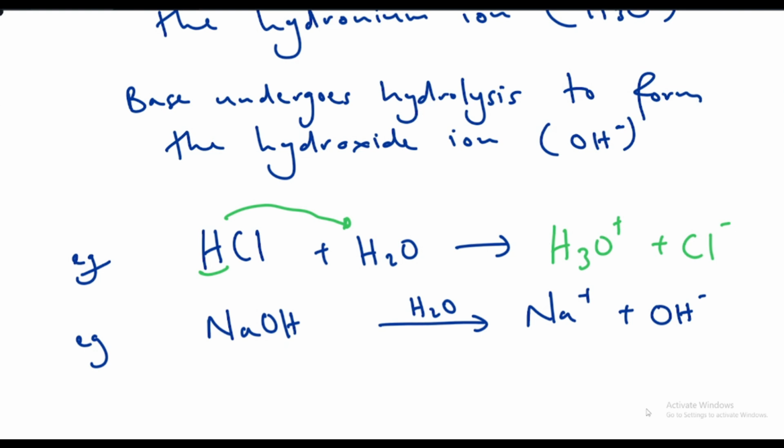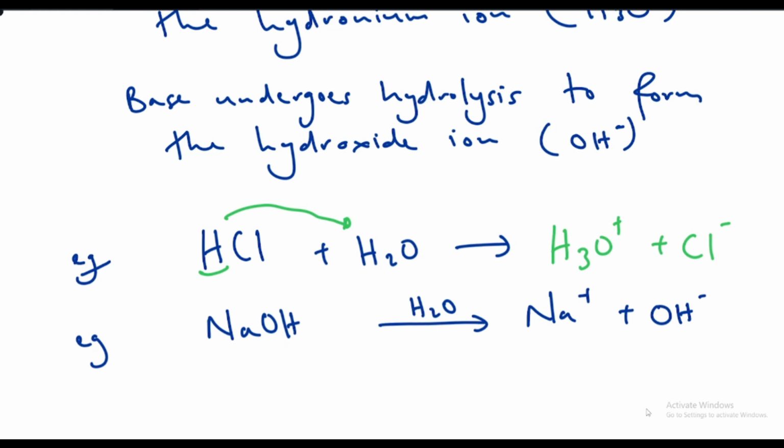Now, why is the H2O placed above the arrow in the case of hydrolysis of a base? Well, if we had to follow the steps of the reaction where water would act as the acid and then donate one H plus ion to the OH molecule here from the NaOH, it would result in water being on both the left and right hand side of the equation. And so we just place it above the arrow to do it simpler.